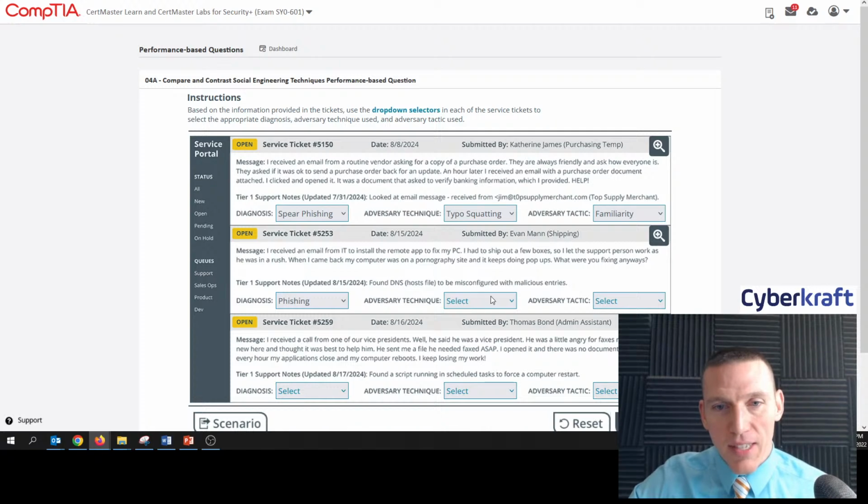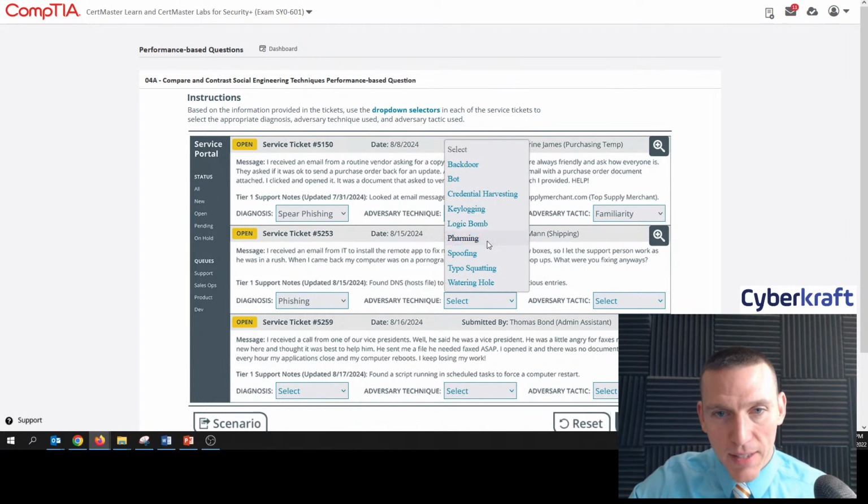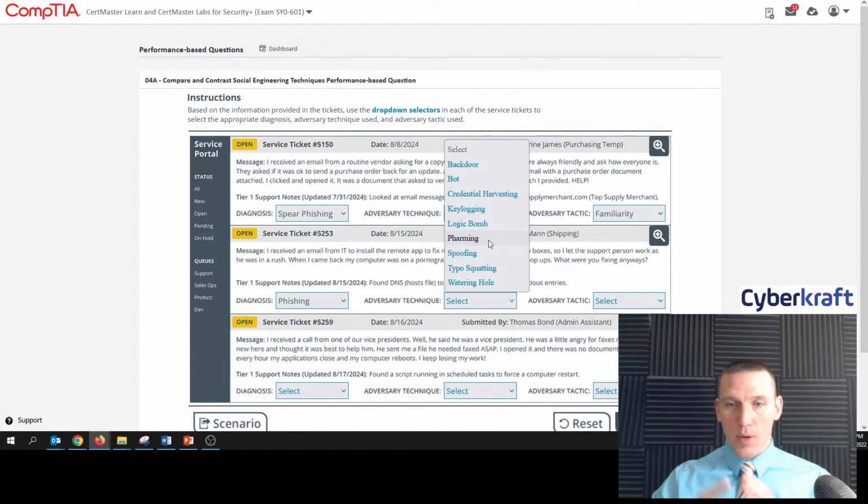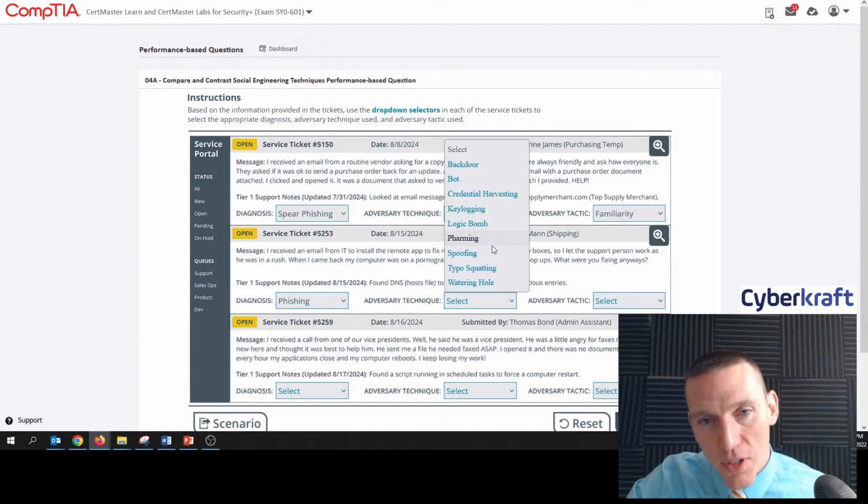I mean, we have this DNS file, so if there's any DNS attack, and here's one here, farming. Farming is a type of DNS attack where we alter the DNS server to point to different URLs rather than what it's supposed to. So that's going to be the indicator right there. Because it says DNS here, it's going to be farming. Spoofing, typo squatting, and watering hole.